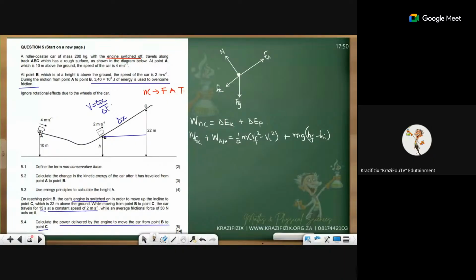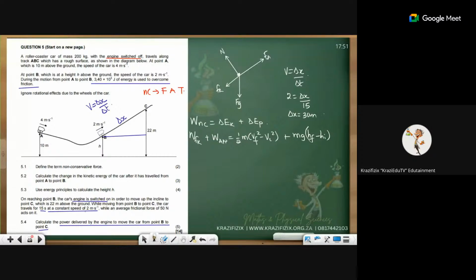Acceleration is equal to 0 because of constant speed. So let's show that our velocity is delta x over delta t. Remember grade 10, this is where we started from. So it does work. What's my speed? Constant speed of 2, over time 15. So my delta x is 30. Okay, beautiful.